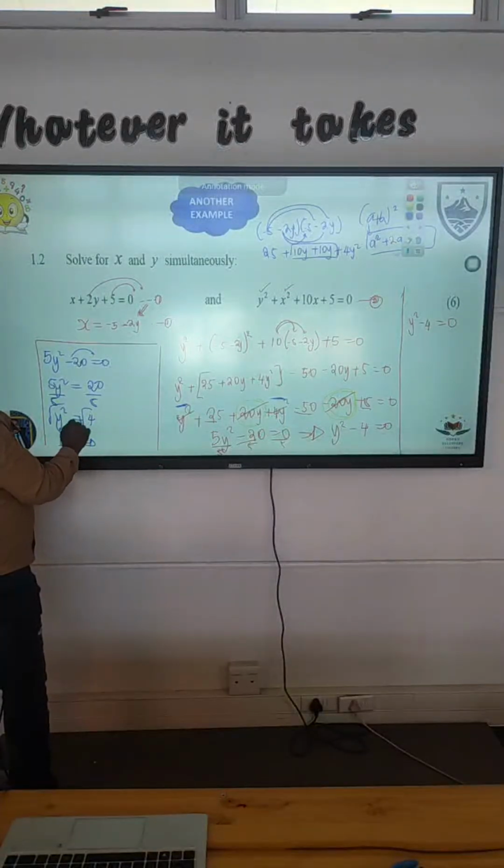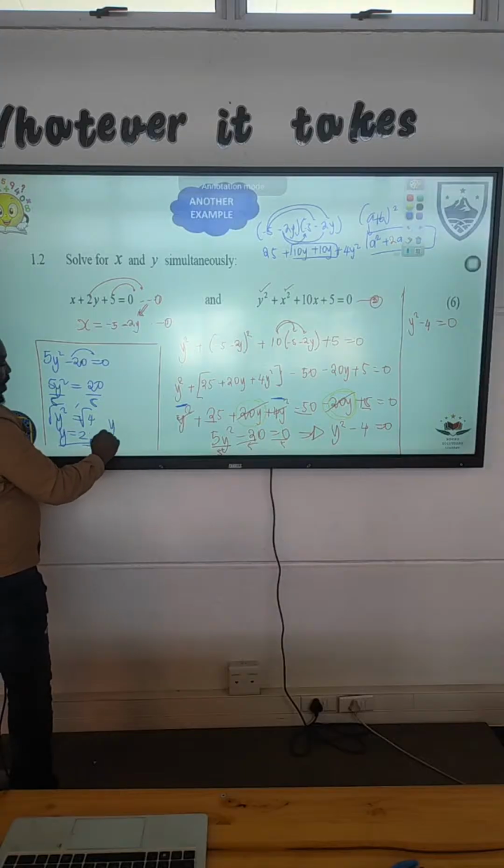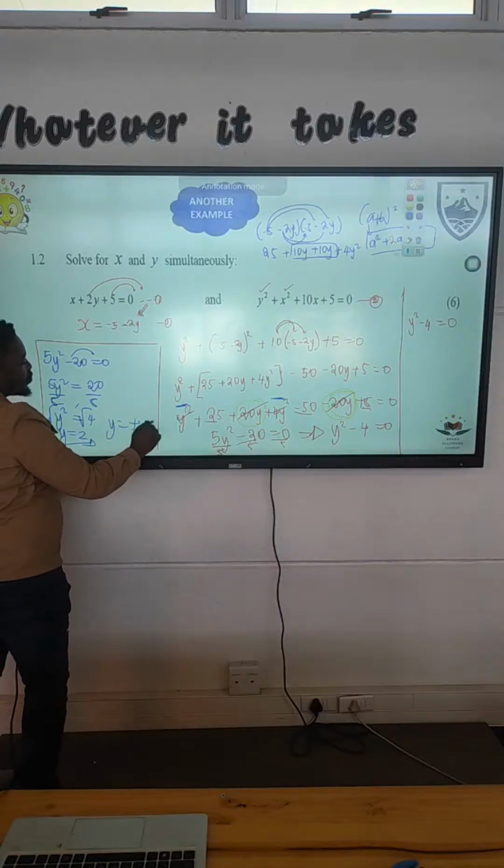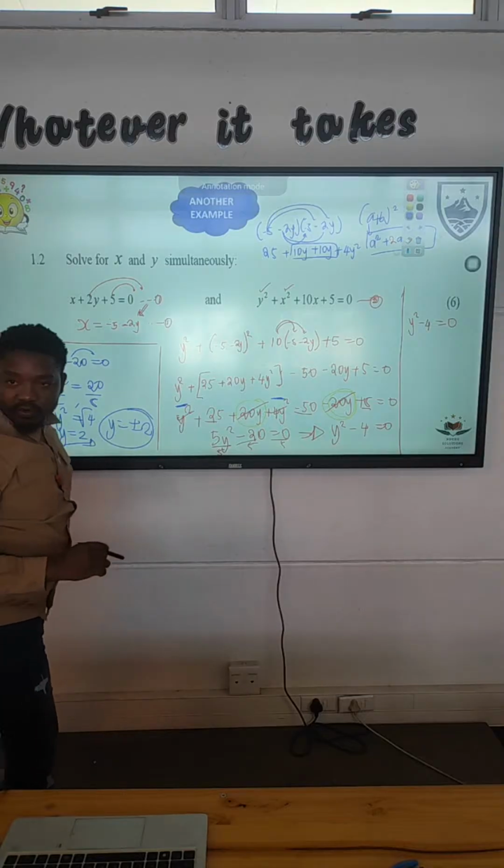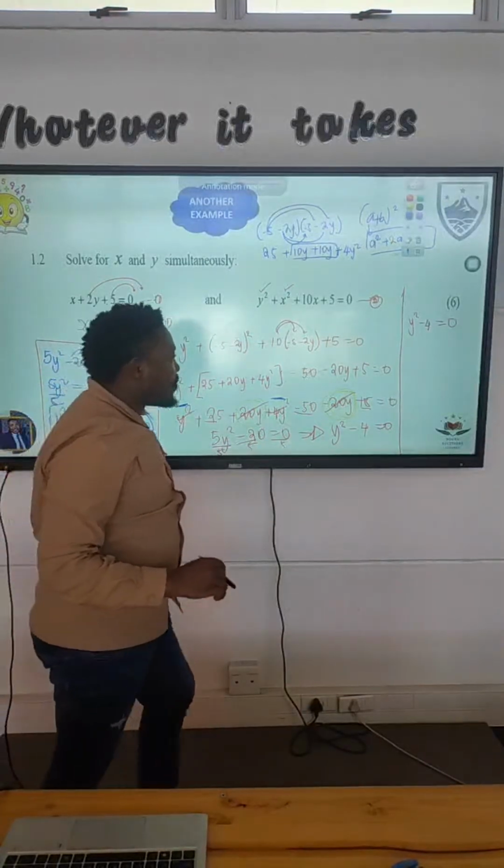If you do this, please don't forget, when you put a square root, you must always say y is equal to plus minus 2. So your solution here is y is equal to plus minus 2, but don't forget it.